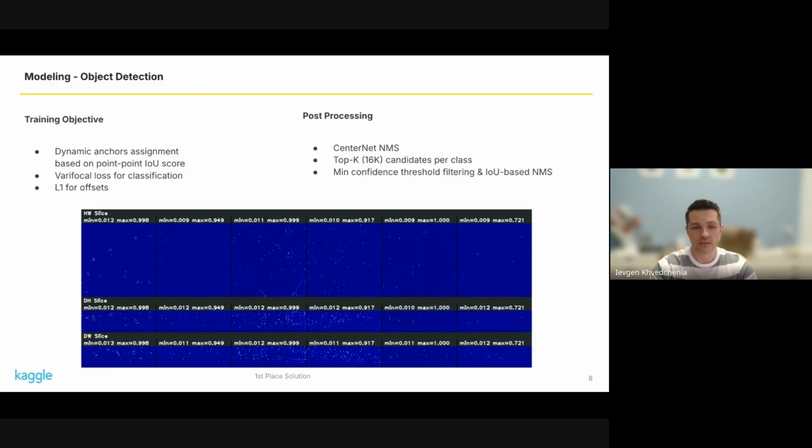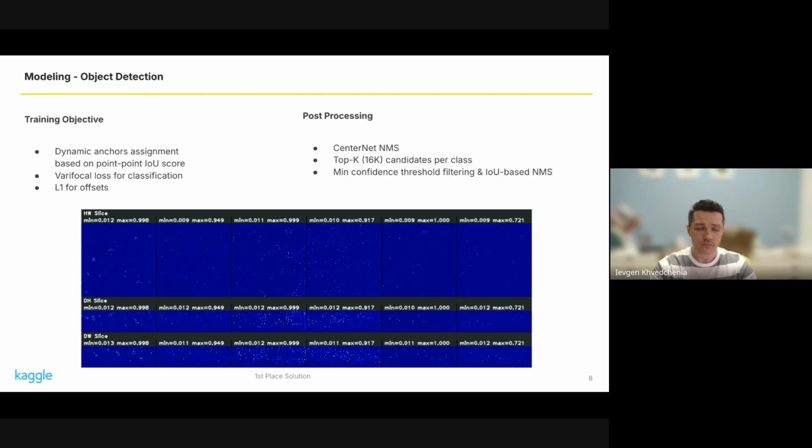All we have to do is simply average segmentation predictions with the detection prediction map. There is a small nuance: our predictions are slightly non-calibrated relative to one another, and Christoph will explain how we did the ensembling in the next slide. As for the post-processing, it's quite simple. First, we do so-called CenterNet NMS, which is simply max pooling with a kernel size of 3 by 3 by 3 across the class map.